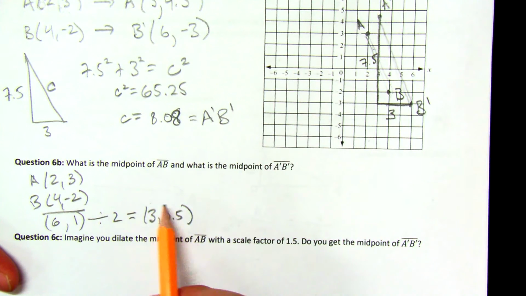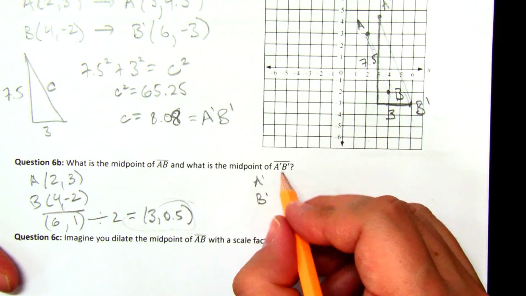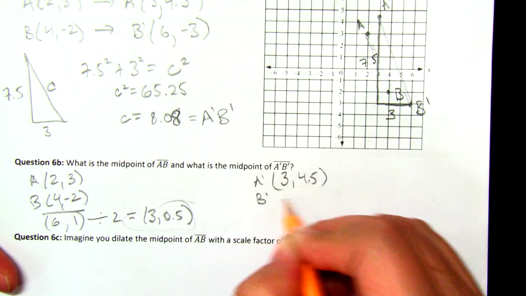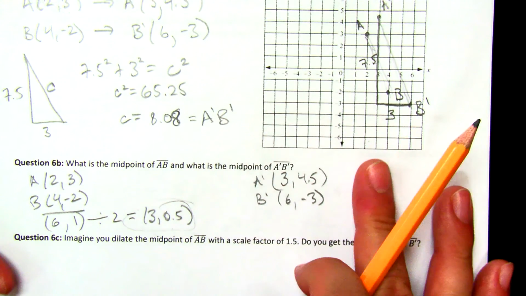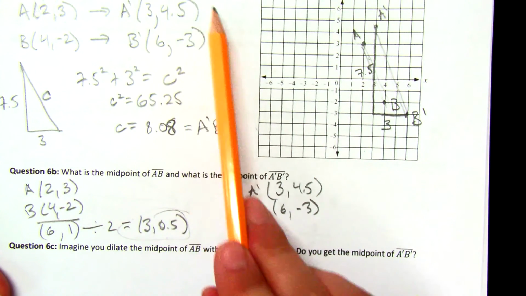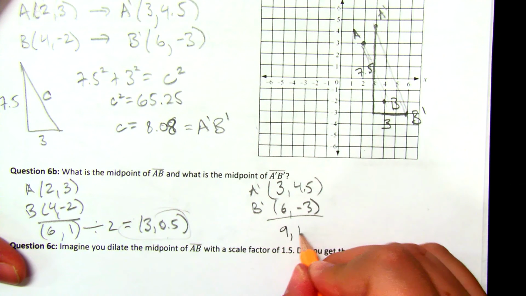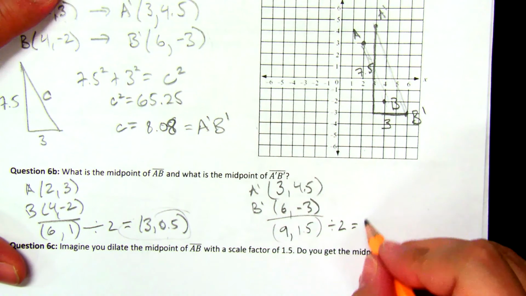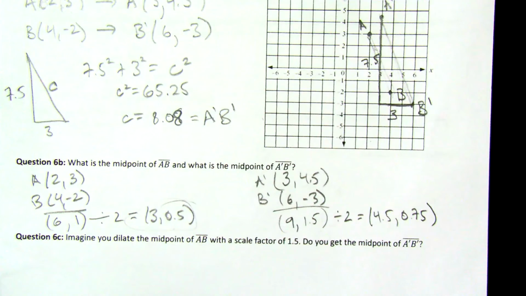Right here, A prime, B prime, I'll do the same thing. I've got 3, 4.5, 6, negative 3. Add them together, I get 9, 1.5, divide by 2, and we get 4.5 and 0.75. Those are my two midpoints.